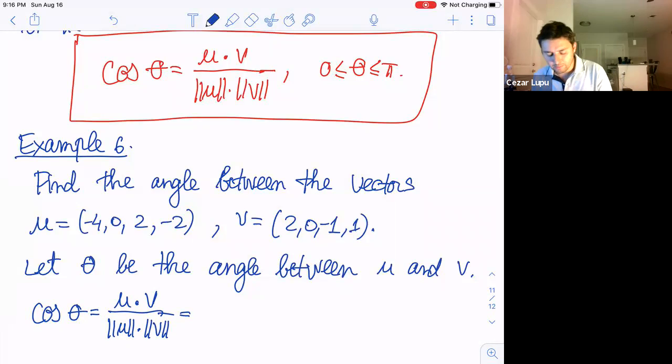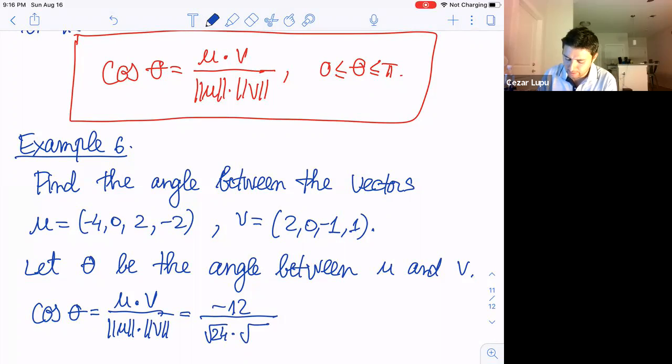I think we computed the dot product earlier, but anyway, it's easy to see. I'll let you do the computations. The dot product, I think it's -12, and this would be root 24, and this one will be root 6. And this will be nothing else than just -1.